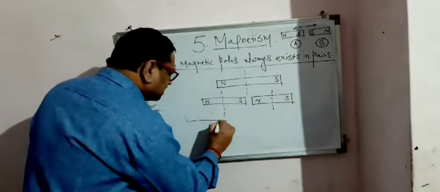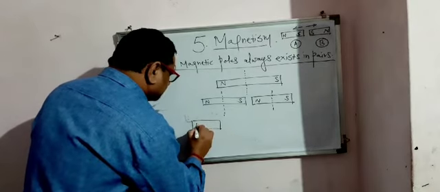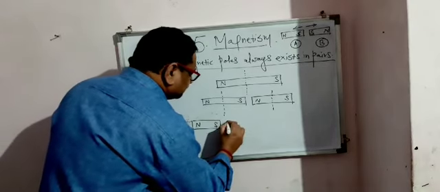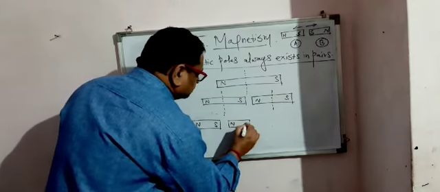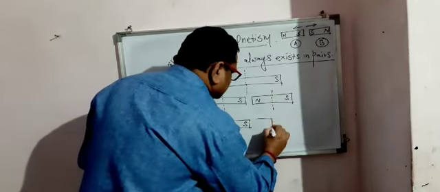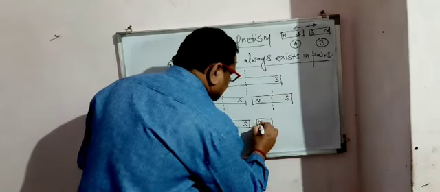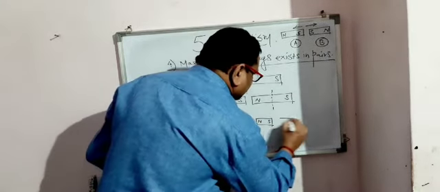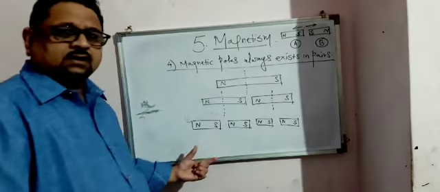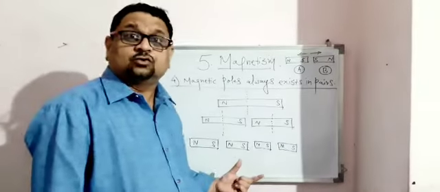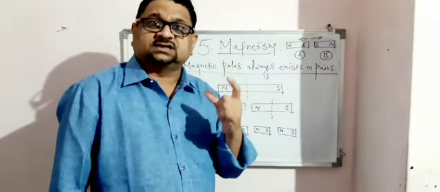Again, what will happen here? For this case it will be north, south. Again for this case it will be north, south. In this case it will be north and south, and for this case it will be north and south. So they are not having monopoles, they are always dipoles.